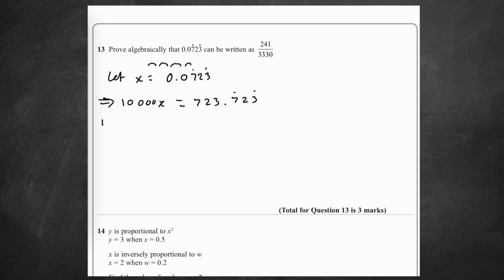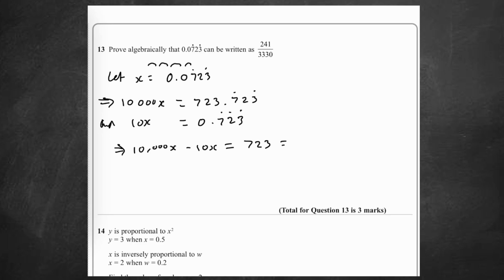We're also going to say 10x is going to be 0.723 recurring. Might be able to see what I'm going to do here. Therefore, 10,000x minus 10x equals 723, as it cancels all of the decimal places out.